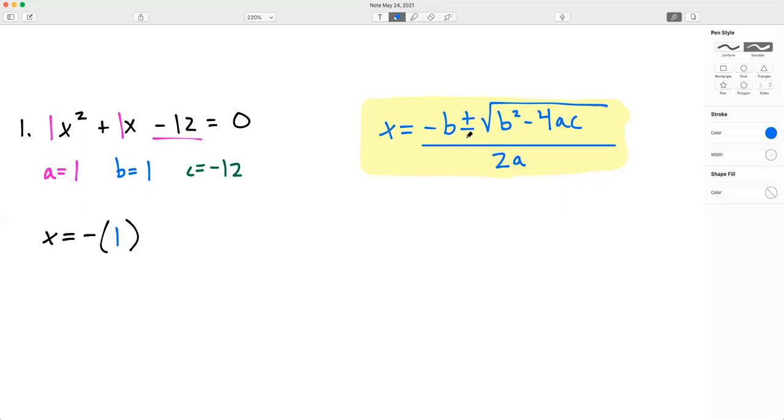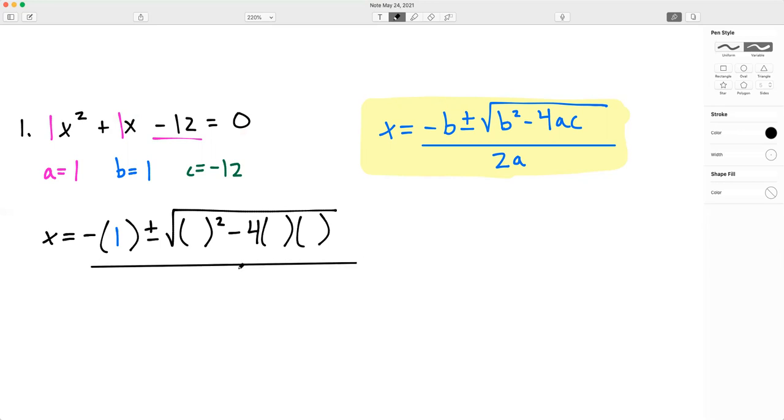So the negative of 1, and that would be plus or minus the square root of b squared minus 4, and then you've got your a and your c right here. And then this whole thing all goes over 2 times a.